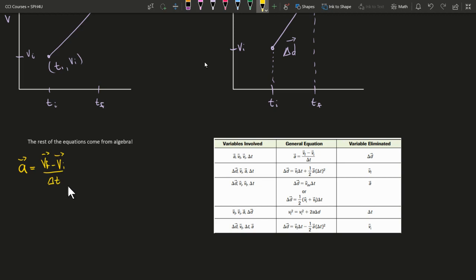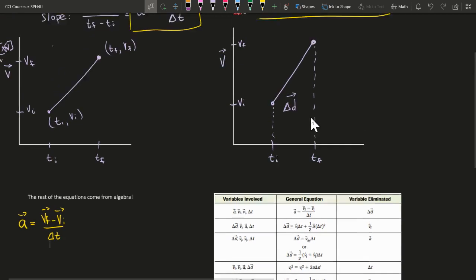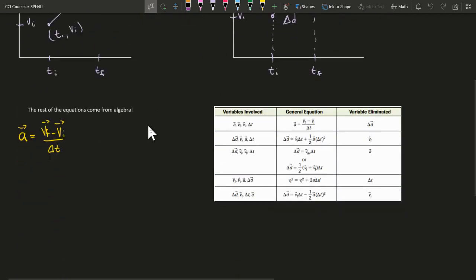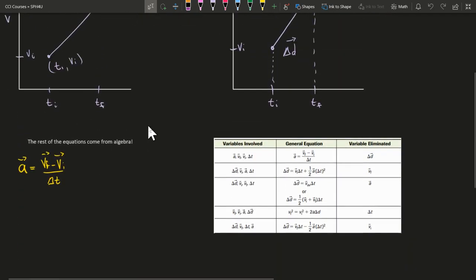Okay. And what I'm going to do here is take this one as well, and I'm going to solve for time in both of these. And then I'm going to set the two equations equal to each other. So if I solve for time in this one, and I solve for time in this one, then I get the following. So I guess I'll just go ahead and do this now.